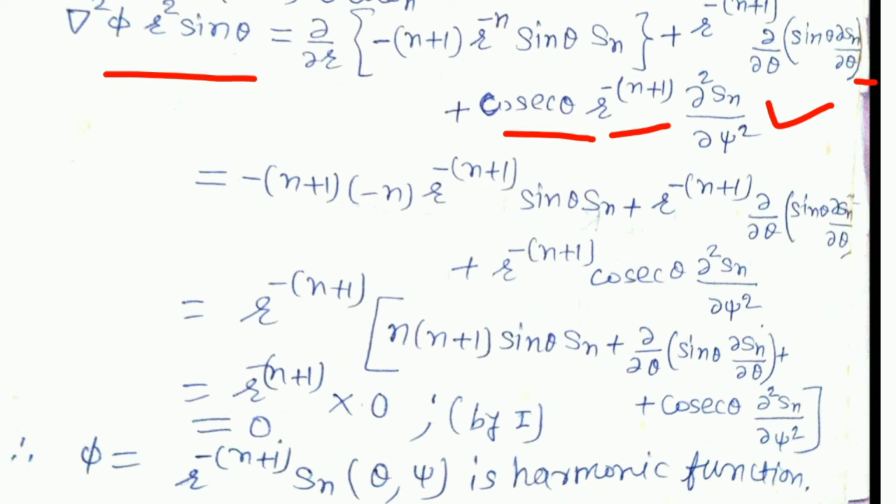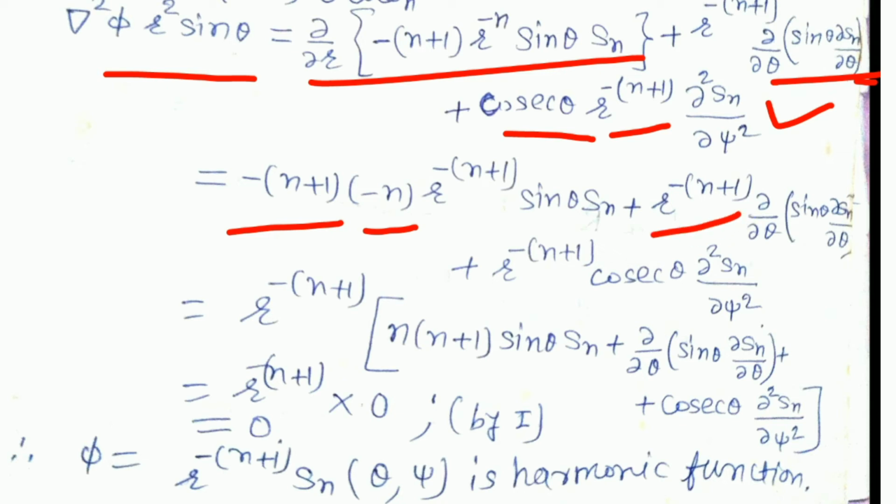This can be written as -(n+1) into -n into r^(-n+1). Differentiate this with respect to r, then we get this into sin θ Sn, plus, differentiating with respect to theta, r^(-n+1) as it is into ∂/∂θ of sin θ ∂Sn/∂θ, plus r^(-n+1) into cosec θ into ∂²Sn/∂ψ².